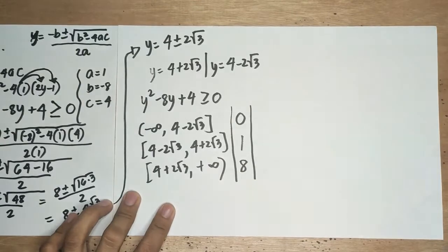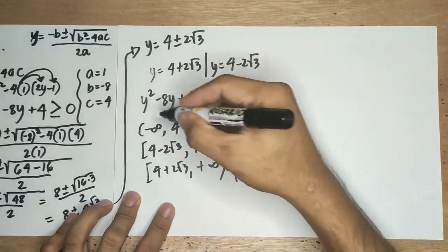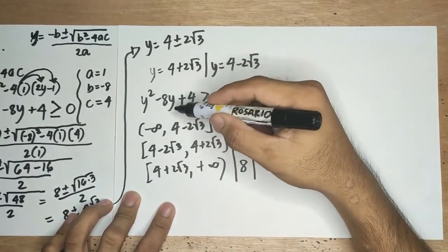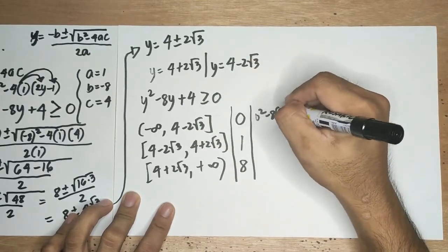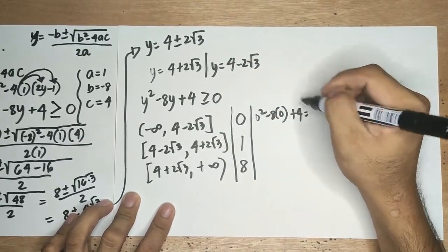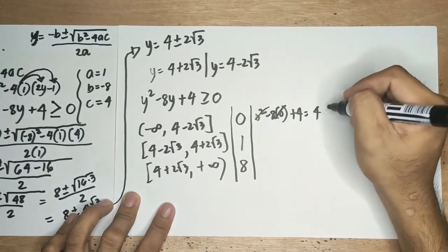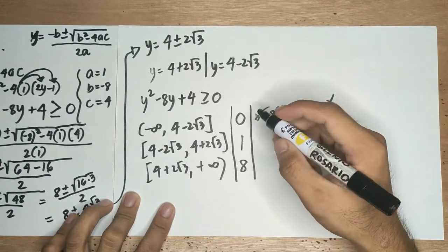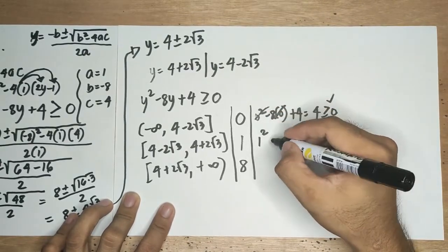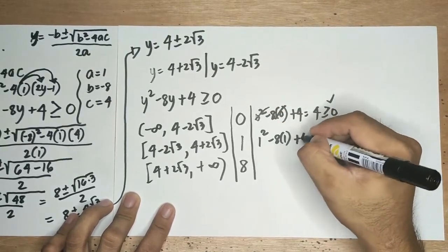If y is 0, substituting 0 here, we have 0 squared minus 8 times 0 plus 4, that is 4. Greater than or equal to 0? Yes. If y is 1, we have 1 squared minus 8 times 1 plus 4.